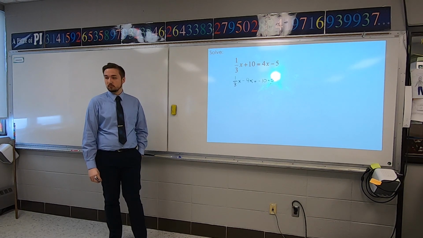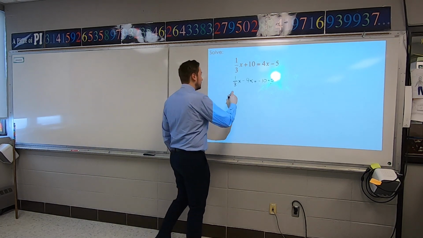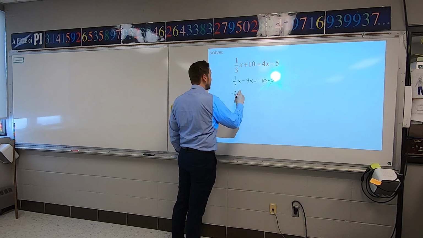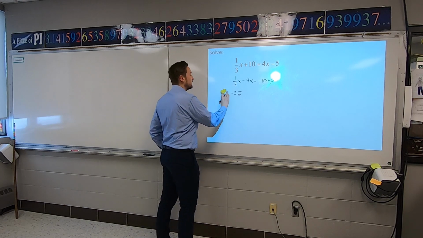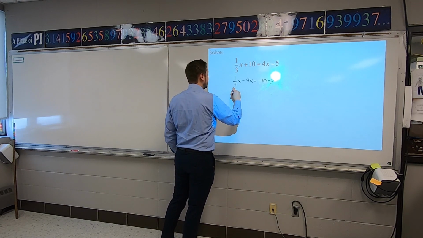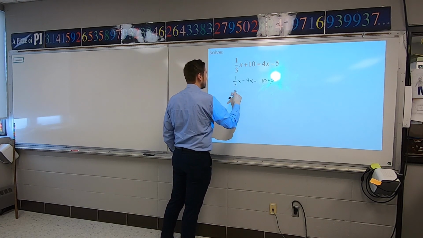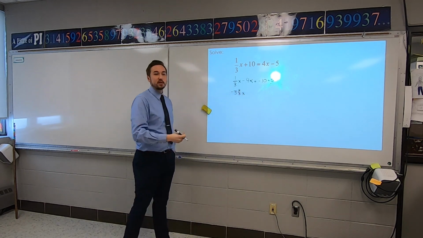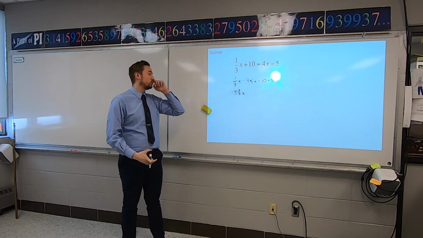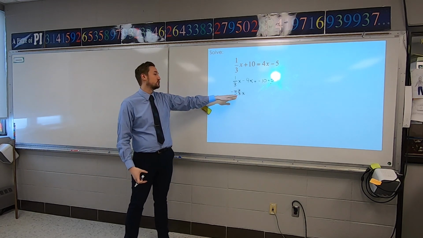Negative 3.6 repeating. It's going to be a negative 3.6 repeating. And what that tells us is that it's going to be a negative 3 2/3. Negative 3 2/3 x, remember we got a mixed number there. We're dealing with fractions, so these kind of things will come up.